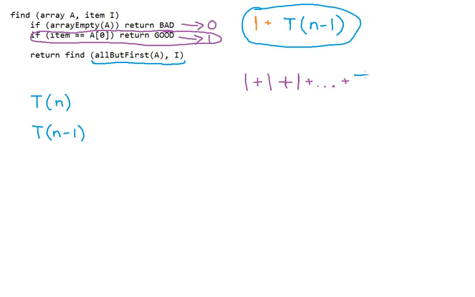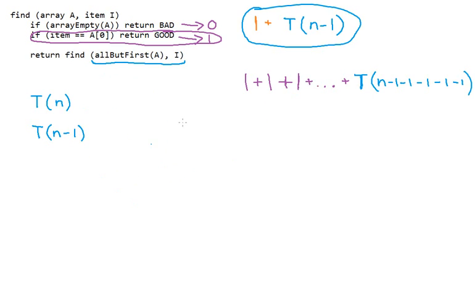Now we have to worry about this. So we're going to end up with n minus 1, minus 1, minus 1, minus 1, minus 1, minus 1, minus 1. Because remember, when we're calling all but first, it's taking a cell off of our array A. And every single time it does that, n gets reduced by 1.